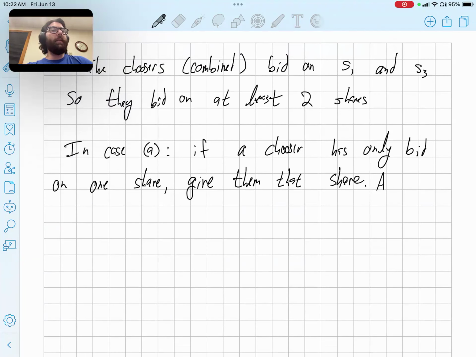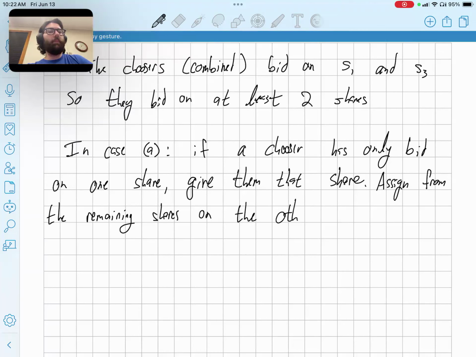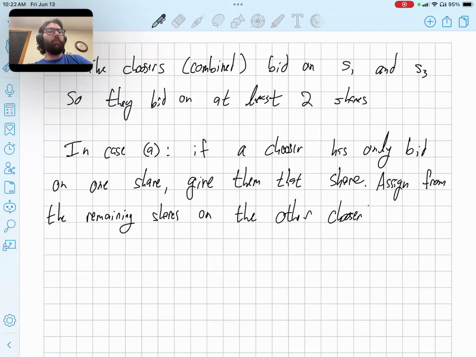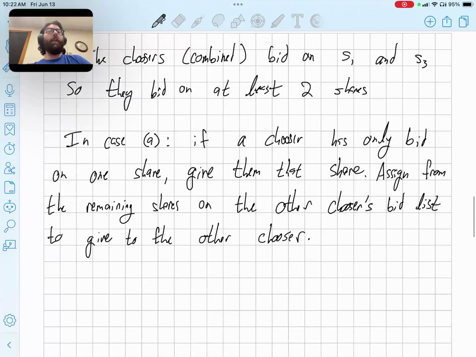And then assign from the remaining shares on the other chooser's bid list to give to the other chooser. Okay, so this is one rule to assign shares fairly.